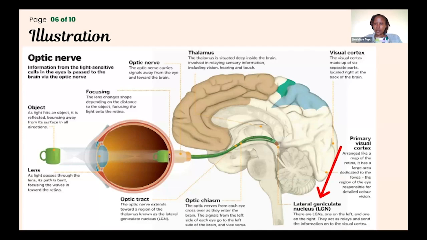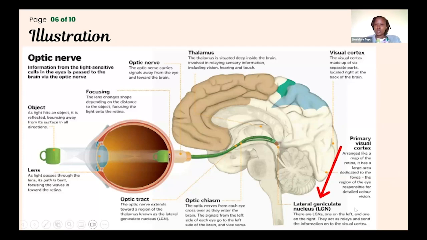So we start with understanding that this green tube that is in the middle of the brain is where the communication goes from one point to the next, and then that links to the eye.